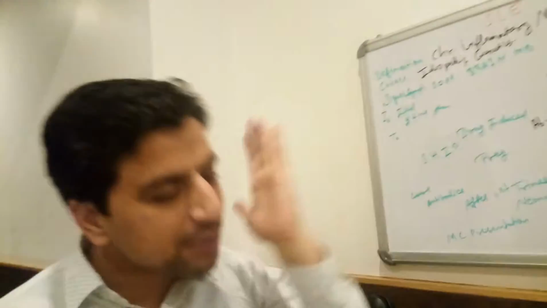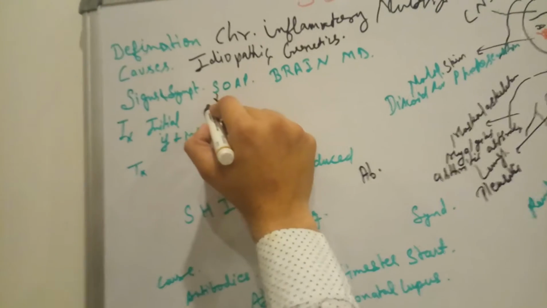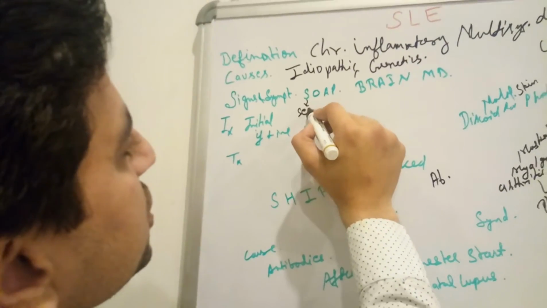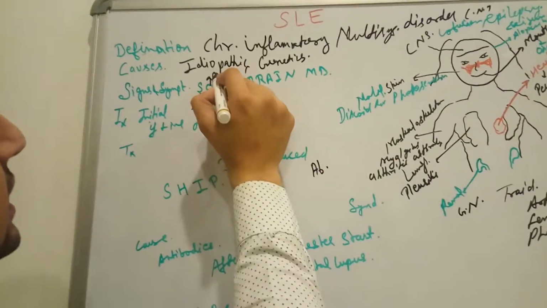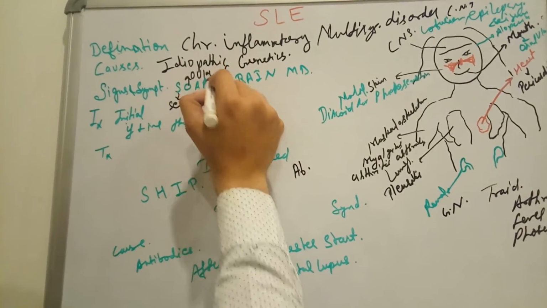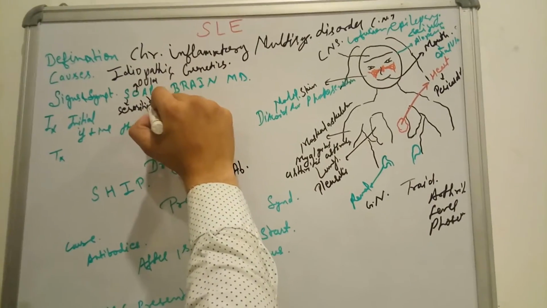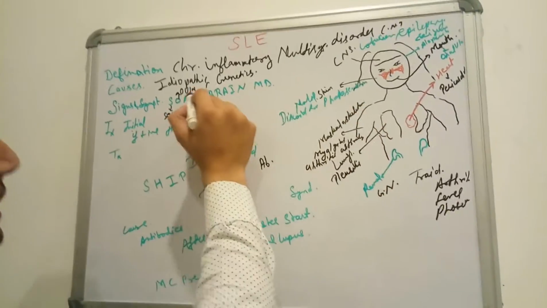Symptoms, so BRAIN MAD. Okay, so BRAIN MAD, signs and symptoms. S for serositis, O for oral ulcer, I already wrote on mouth. A for arthritis or musculoskeletal.